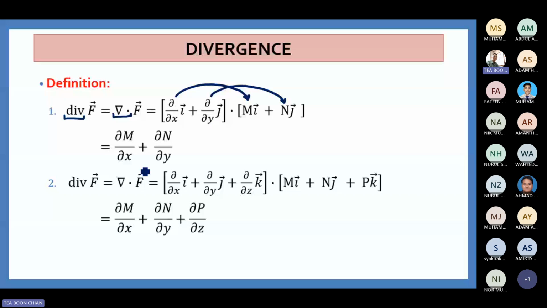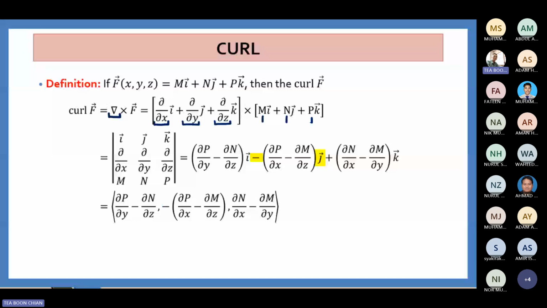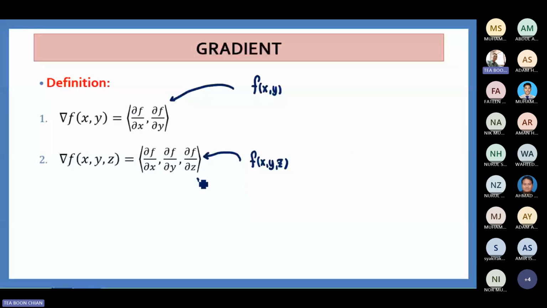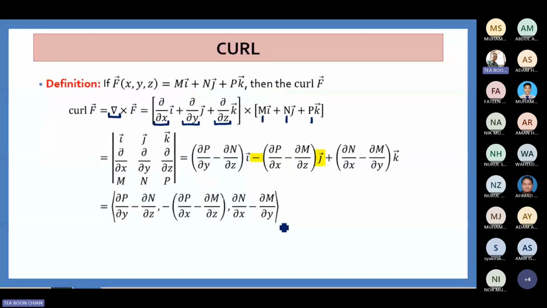That's why you add the results in the end. For 3D, del m over del x plus del n over del y plus del p over del z. Finally, add them up. So among gradient, curl, and divergence: gradient is a vector, curl is a vector, divergence is a function or value.